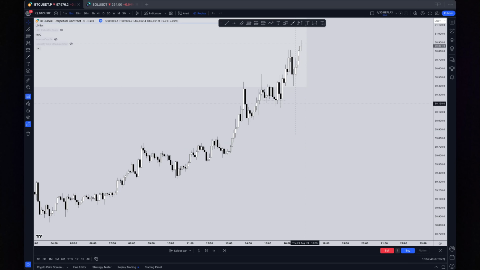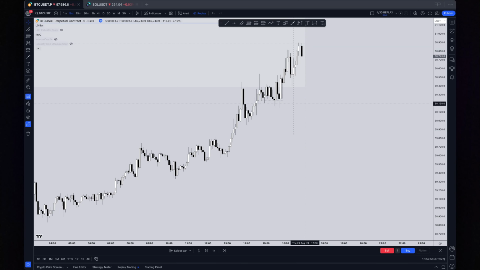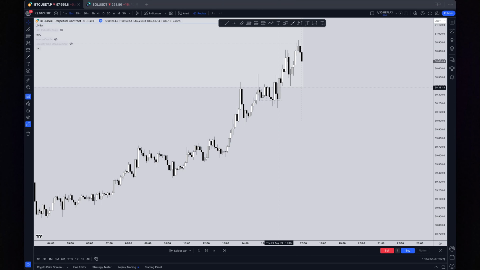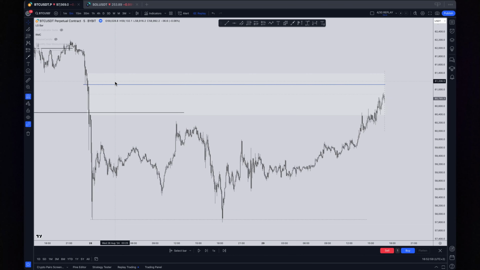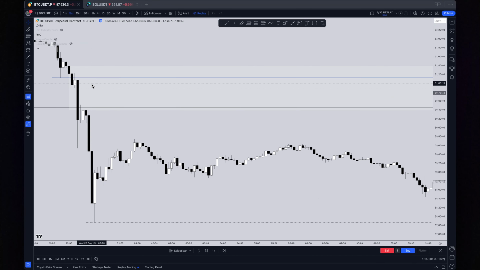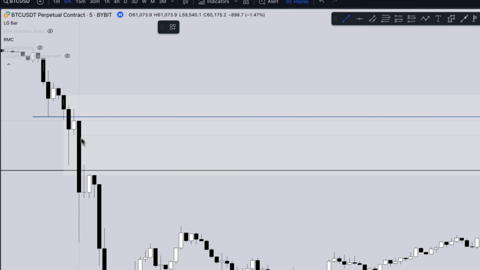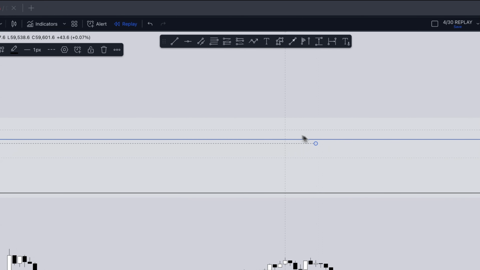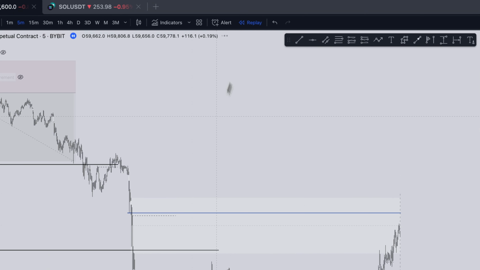That's the sweep of the EQ, nice reaction. But it has to sweep this, otherwise there's no entry.